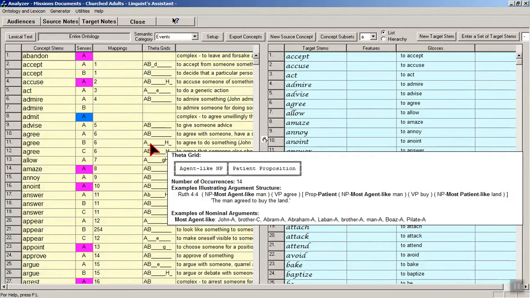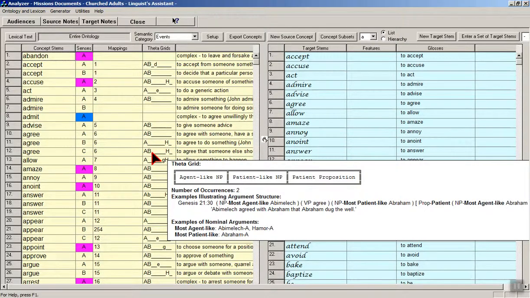The second one, it says an agent-like noun phrase and a patient proposition. So the example is, the man agreed to buy the land. And you could write it like that, except you have to put to buy the land in brackets.